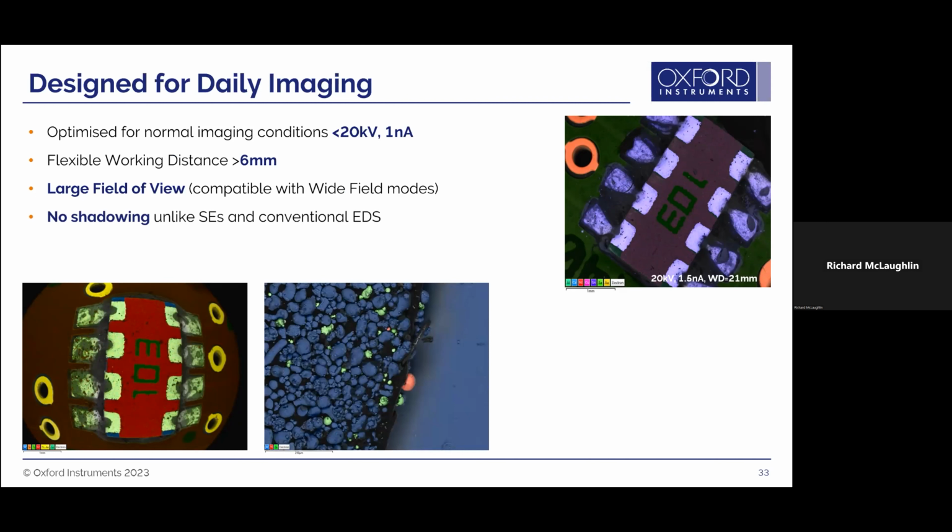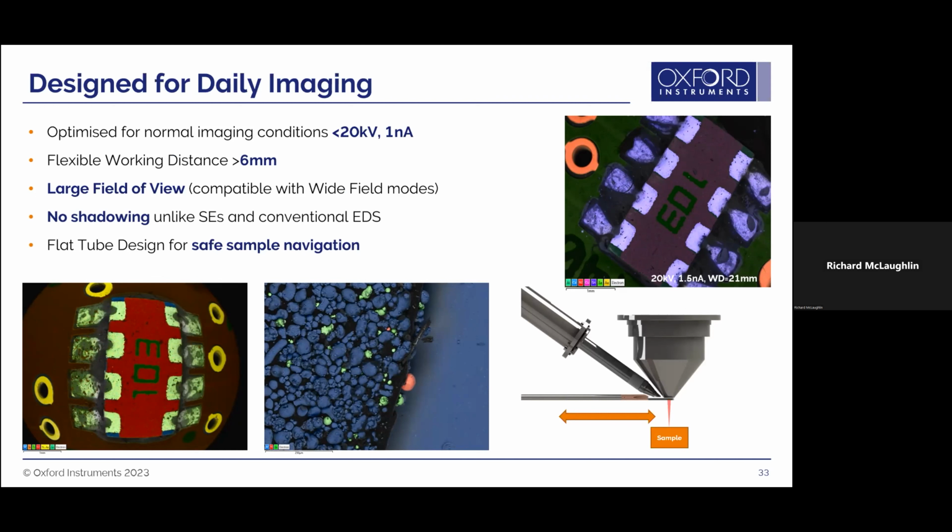There's no shadowing, and you really don't appreciate this until you use it on rough samples, where the chemistry gets quite confusing if you're using a regular EDS at a takeoff angle of 30 or 35 degrees. The shadowing makes interpretation of maps quite difficult. But because of the position of the detector underneath the pole piece, it really isn't a problem.